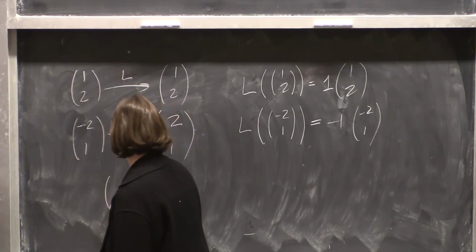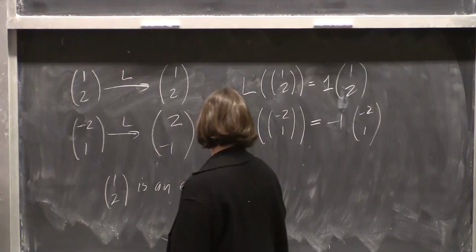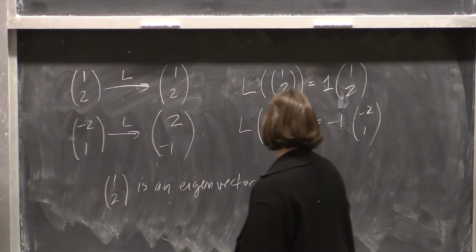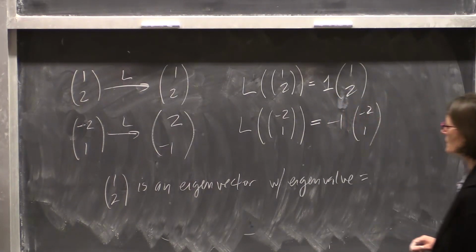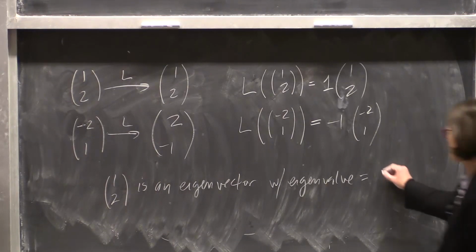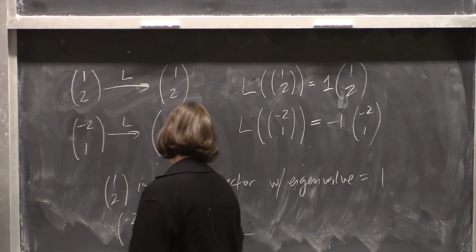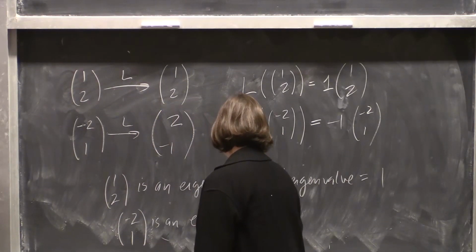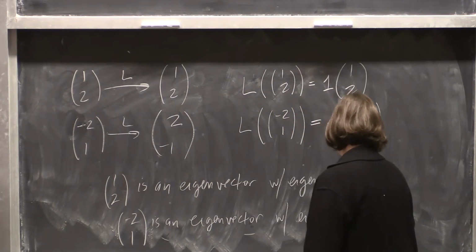So this tells us that (1, 2) is an eigenvector with eigenvalue equal to 1. And (minus 2, 1) is an eigenvector with eigenvalue negative 1.